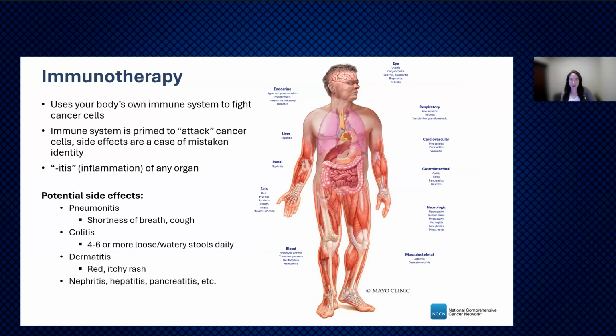The biggest thing is that we educate you about the ones you might feel. We check your blood work every time you get treatment. You'll see that last bullet, inflammation in the kidneys, the liver, the pancreas. We're watching for some of those side effects you might not feel.